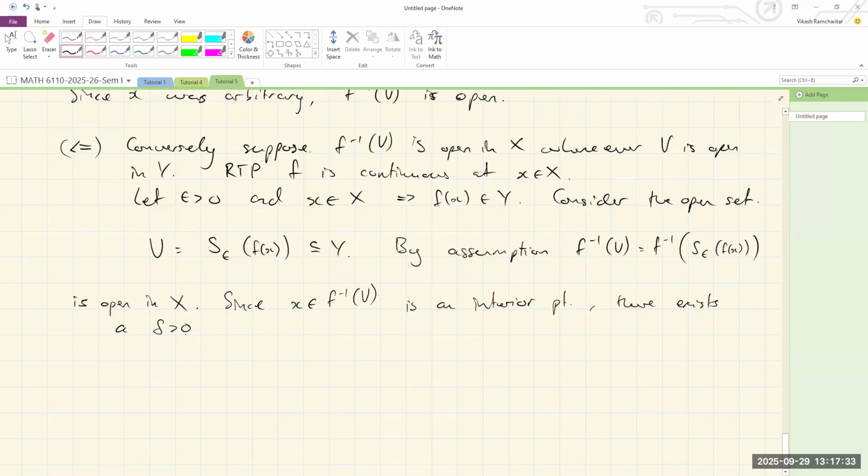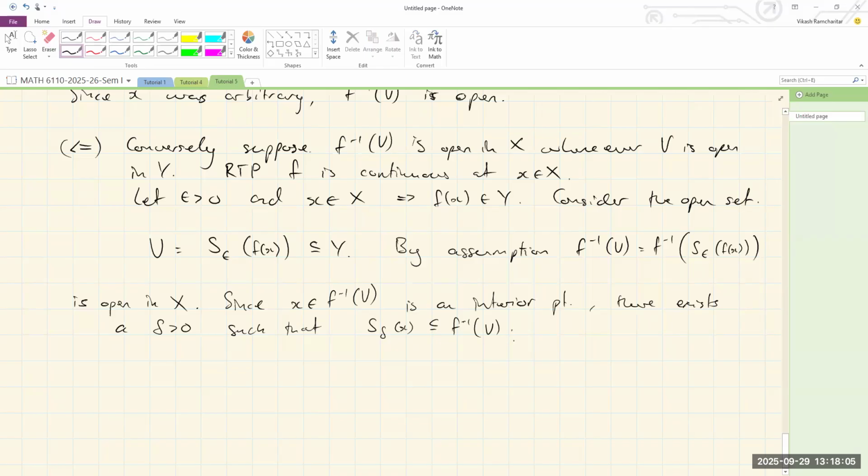There exists a delta such that there is a sphere of radius delta around this X, such that it lies entirely within the set. Okay, and the set is the preimage of V. That lies entirely within the preimage of V.